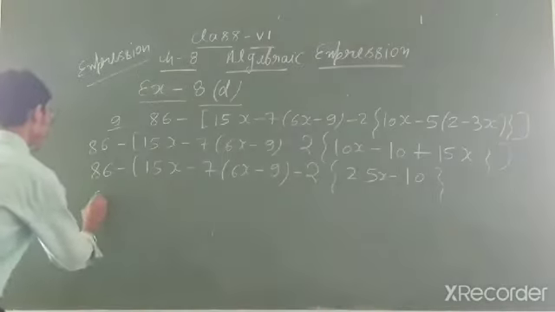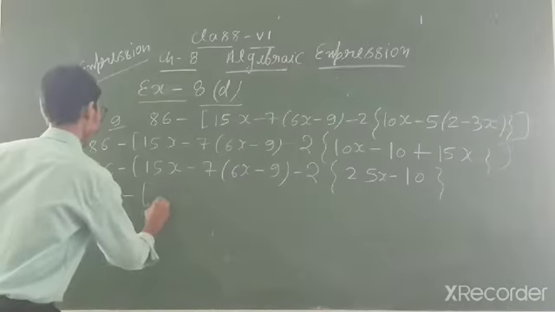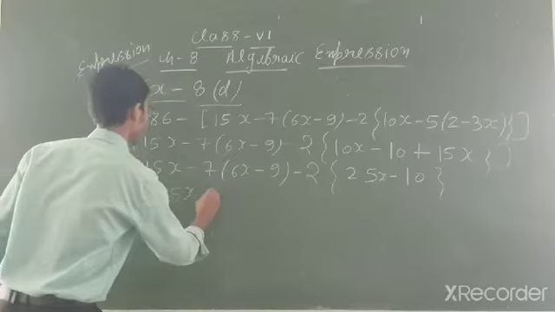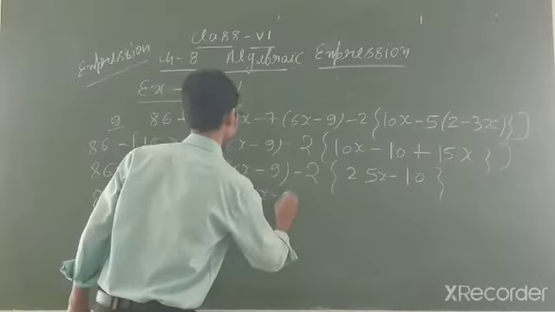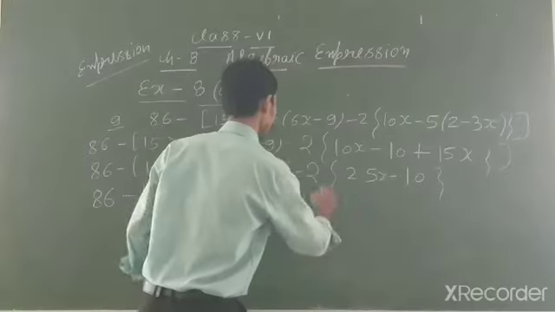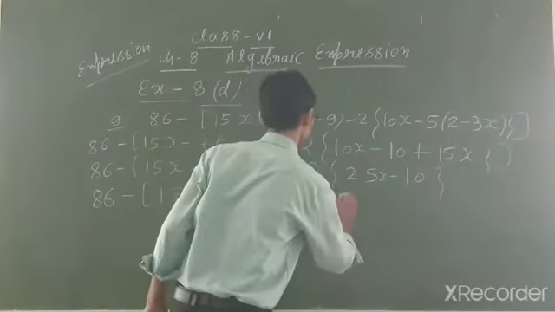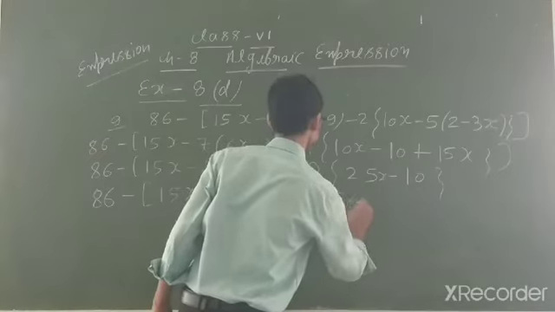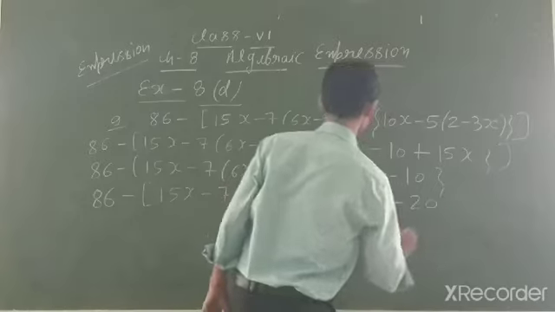Now next is 86 minus 15x minus 7, 6x minus 9, minus 2 into 25. So minus plus minus, you know that this will become minus 50x. Then minus minus plus, that is plus 2 times 10 is 20.